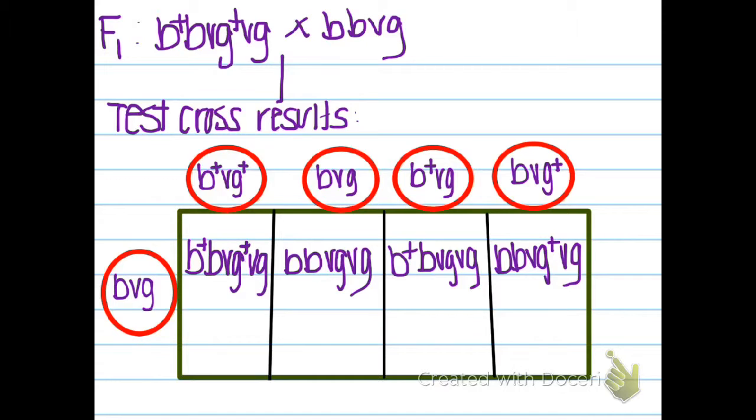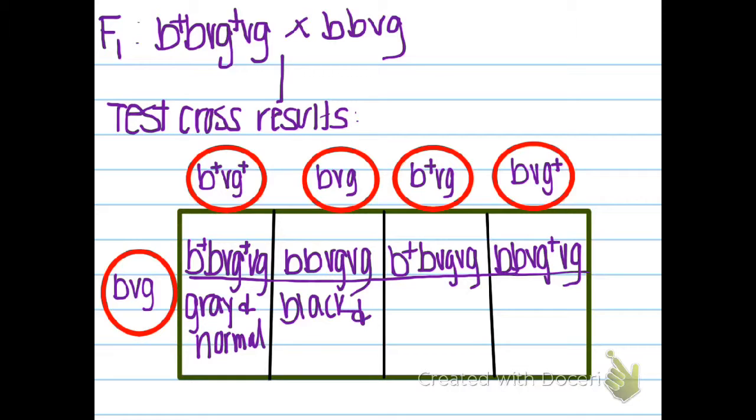After you cross all of those, you have different crosses. The first one is the normal wild type, which is gray and normal. The next one is black and short winged.